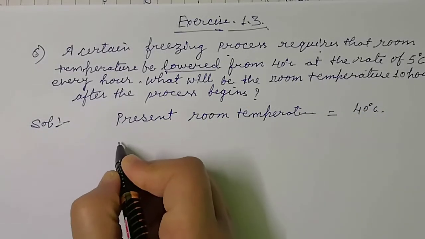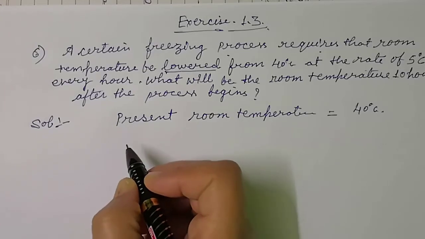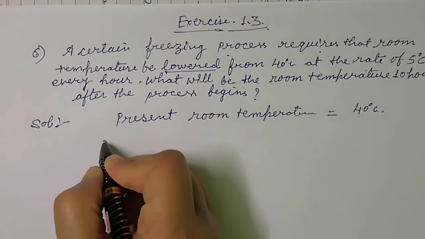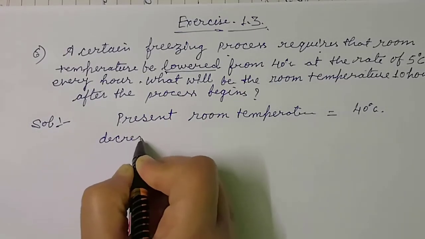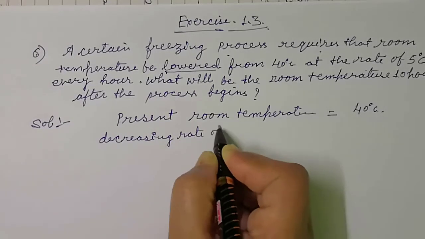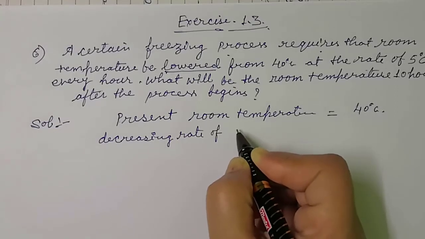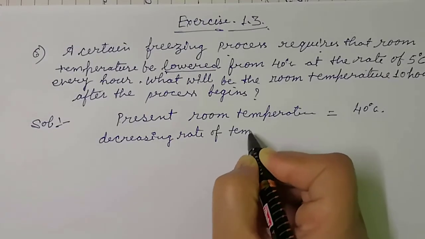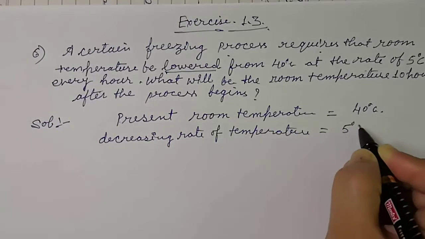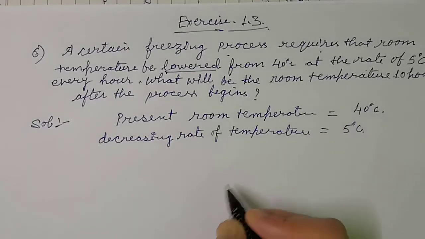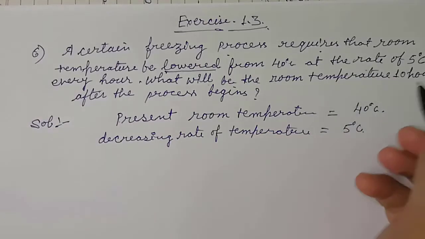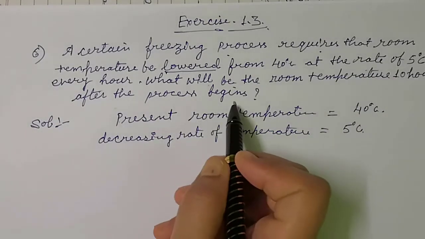Our room temperature is decreasing, the rate of temperature decrease is 5 degrees Celsius. Now, what will be the room temperature 10 hours after the process begins?